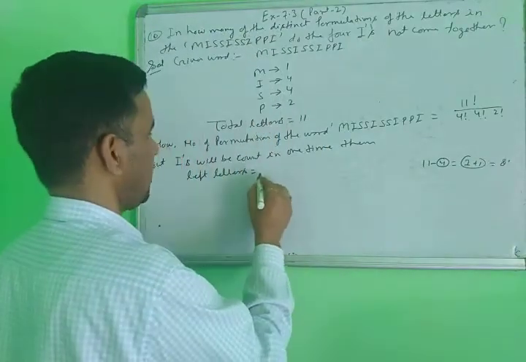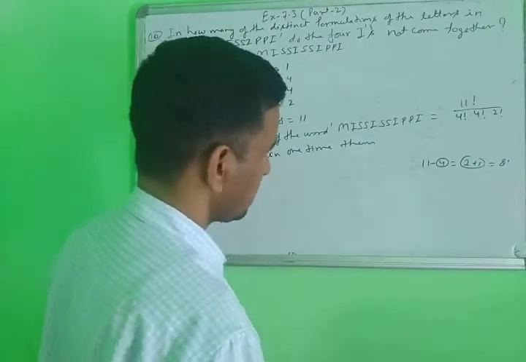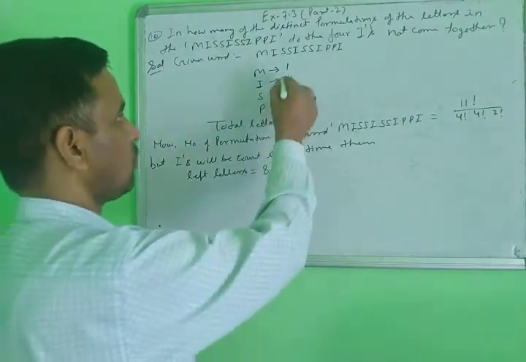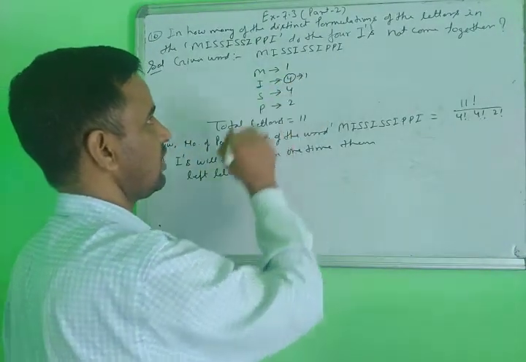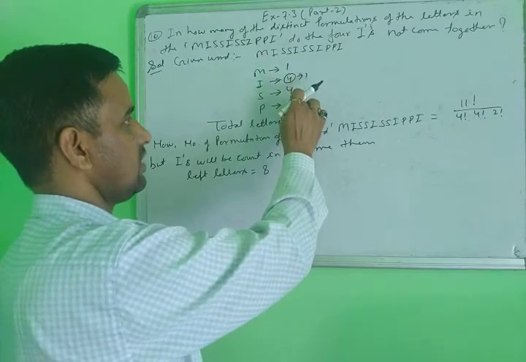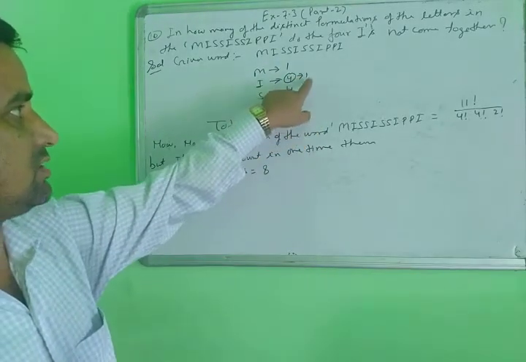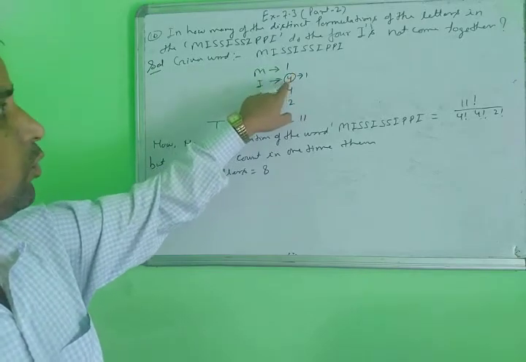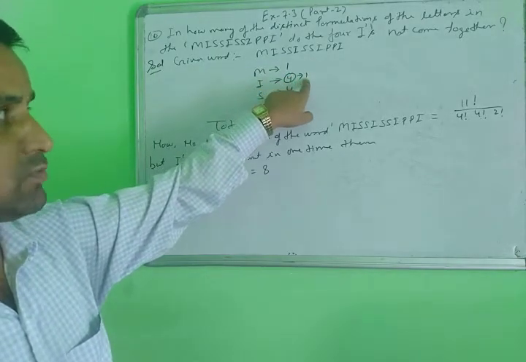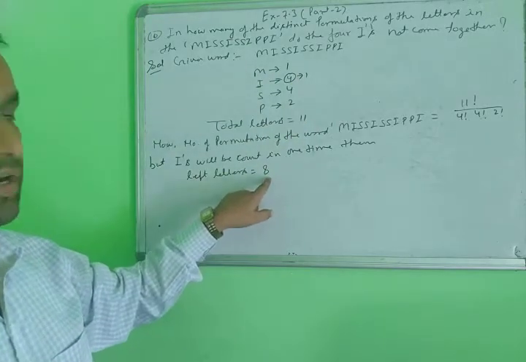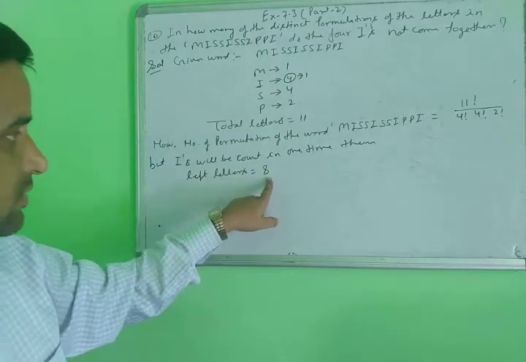So the left letters are 8. How is it possible? If the 4 I's are counted as only one, 4 and 7, and 4 to 6, 1 to 7, 1 to 8. Total letters here, your left letters are 8.